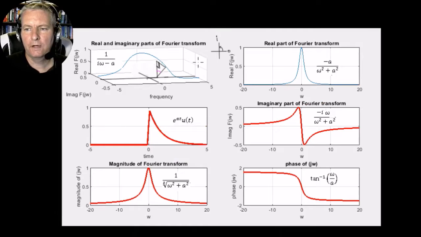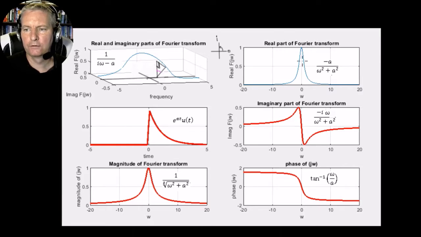We actually have 6 figures here. This figure is the function of time that we want to find the Fourier transform of, our e to the at u of t. The top function is the actual Fourier transform, 1 upon i omega minus a, which we just worked out analytically in the last slide. I've also split it into the real even part of this function and the imaginary odd part.